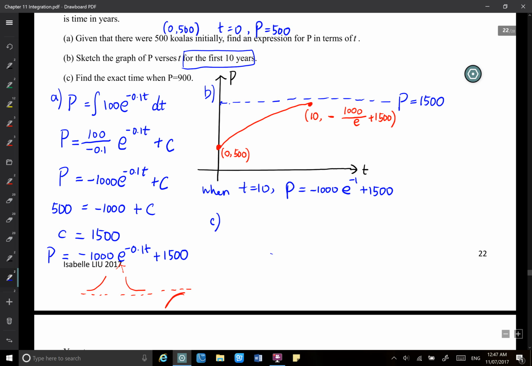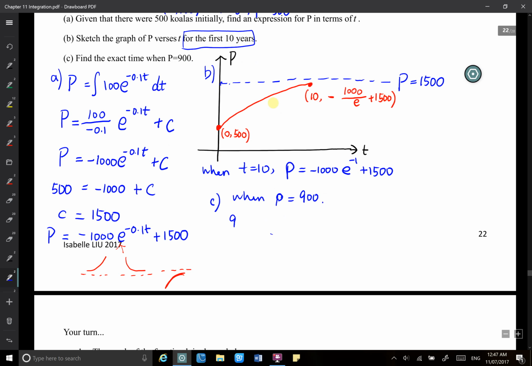For C, find the exact time when P equals 900. Exact time, so you can't use a calculator. So when P equals 900, 900 equals negative 1000 e to the power of negative 0.1t plus 1500.